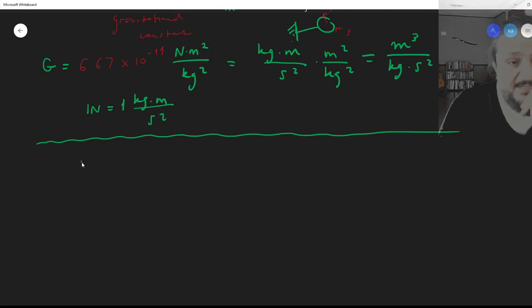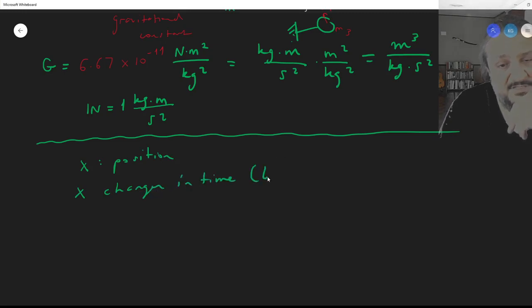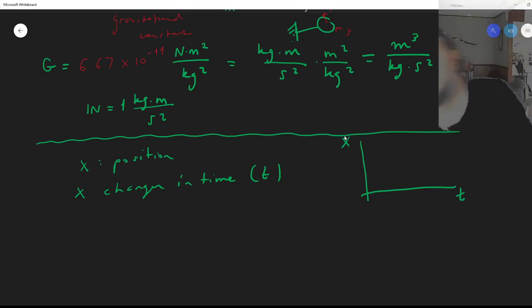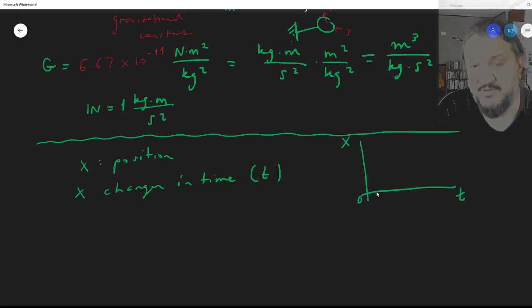So if x is position, x has to change in time, which is t. You can use a graphical representation and say, this axis represents time, this axis represents where my car is on my street, and the origin is my house, that's 0.